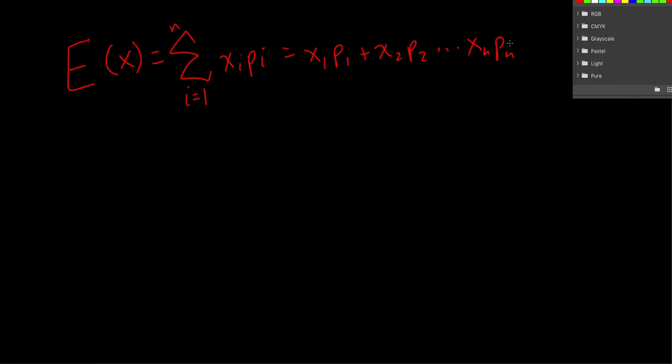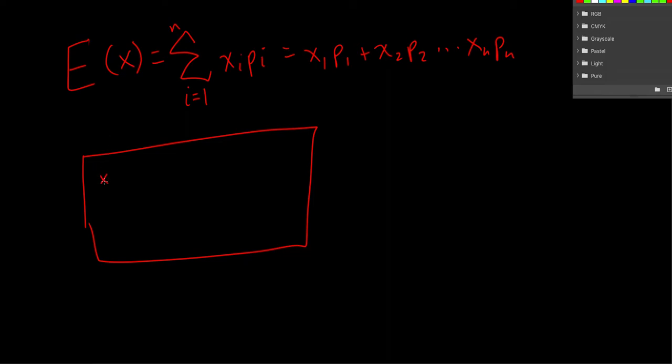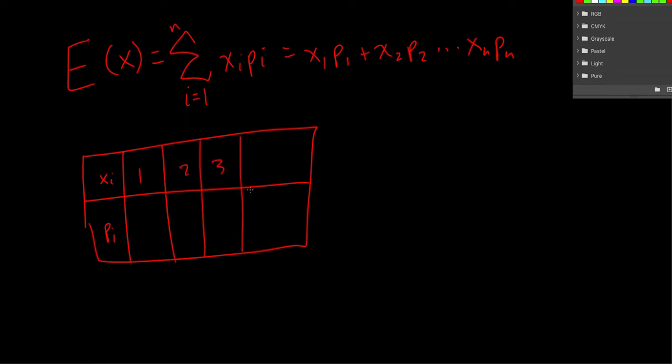Okay, so from the previous video we had some magazine data, and I'm just going to rewrite it right here. It was 1, 2, 3, 4, 5, with probabilities 0.23, 0.38, 0.21, 0.13, 0.05.